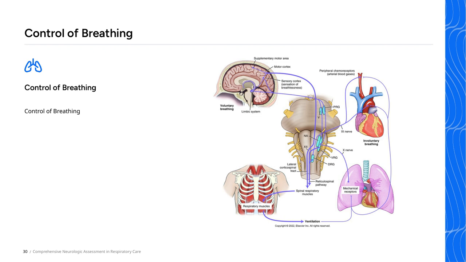Understanding these control mechanisms also helps us interpret clinical signs and symptoms more accurately, guiding our assessment and intervention strategies. So, in our overall goal of thorough neurologic evaluation, assessing the control of breathing provides key insights into the integrity of the central nervous system's role in respiratory regulation.